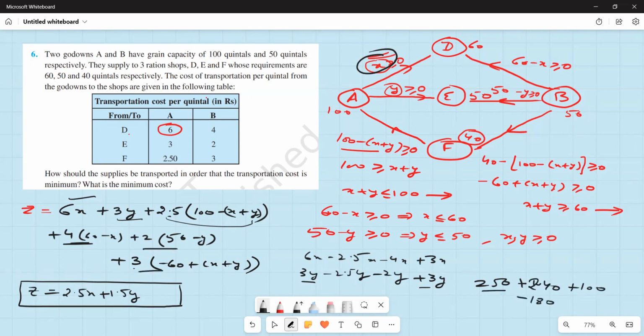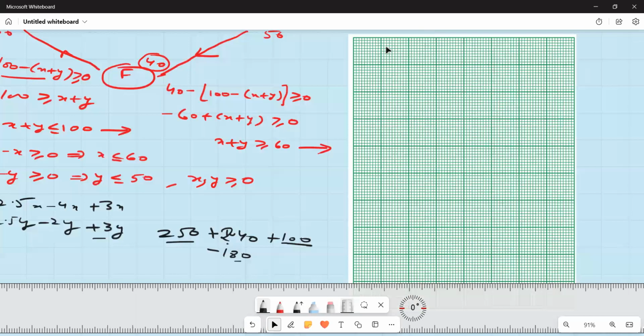So this is 240 plus 250, 490, then 590, 590 minus 180, that is 410. So this is coming 410. So this way you can solve. This is how to frame the equations. Now I'll show you how to plot this.